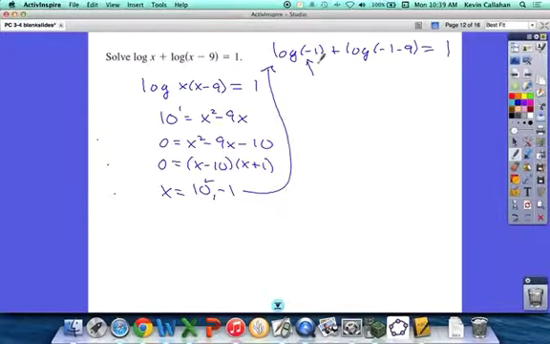But both of those are undefined. So that means the negative 1 is an extraneous solution because you plugged it back in and it's still undefined. If any logarithm becomes a log of a negative, then you got to throw out that answer. That's why you check. So that is extraneous.